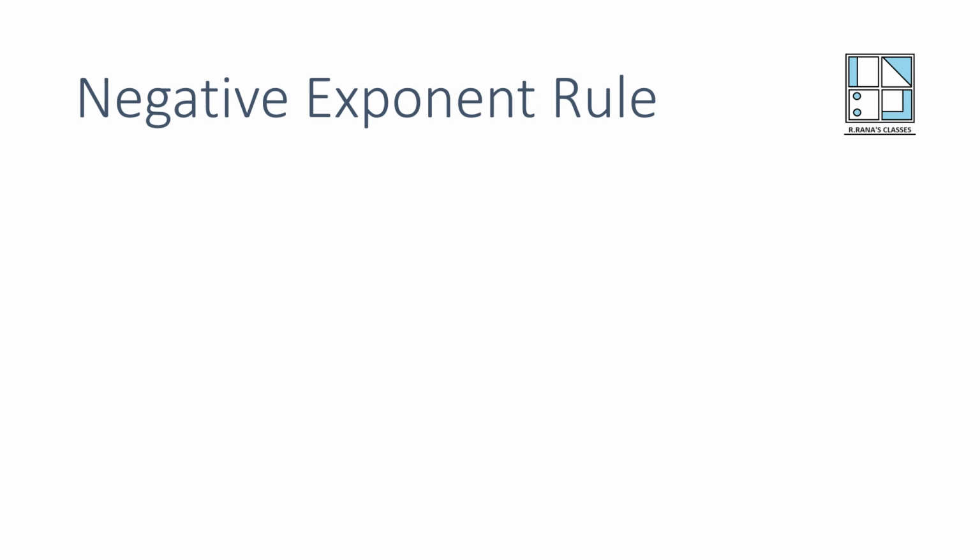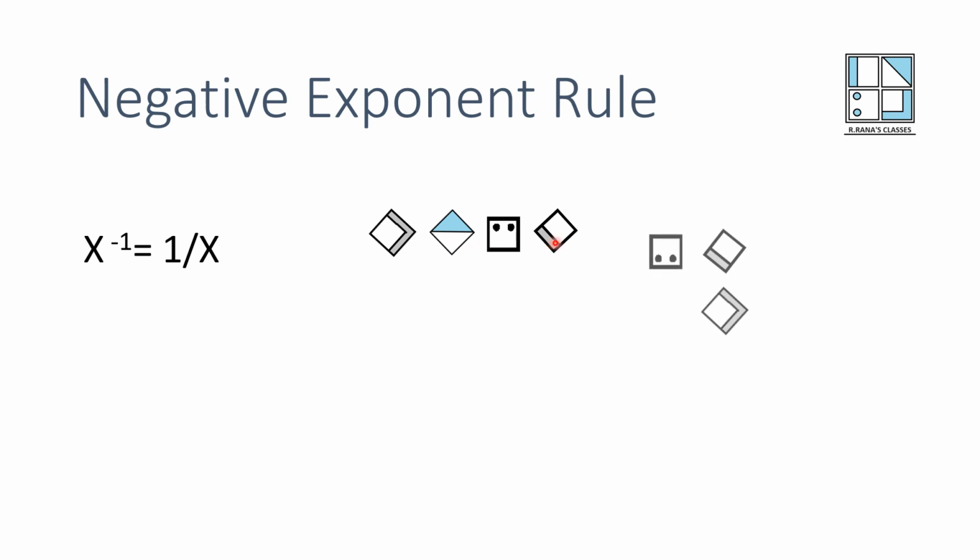Negative exponent rule. Negative exponent means take the reciprocal. For example, x raised to power minus 1 is 1 upon x. x raised to power minus 1 is equal to 1 upon x.